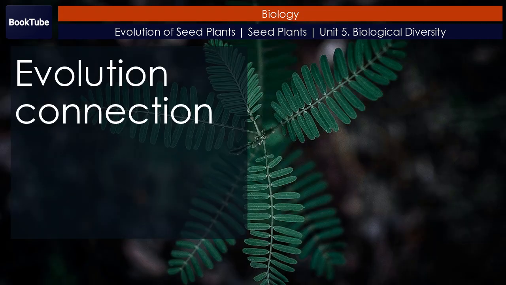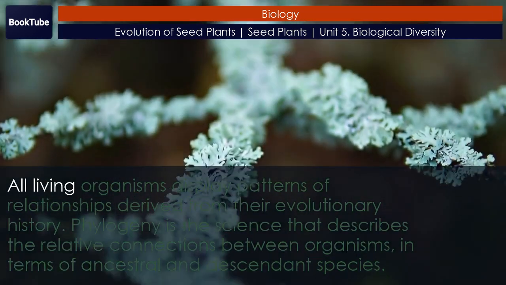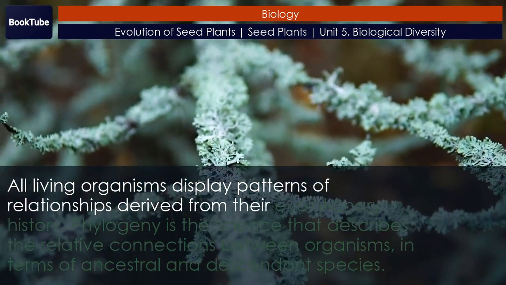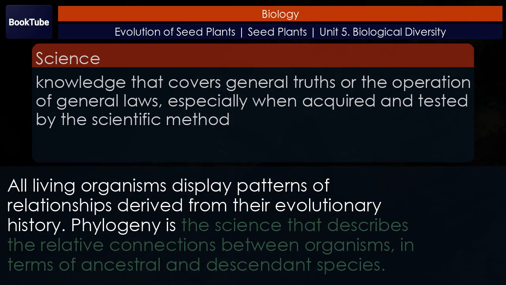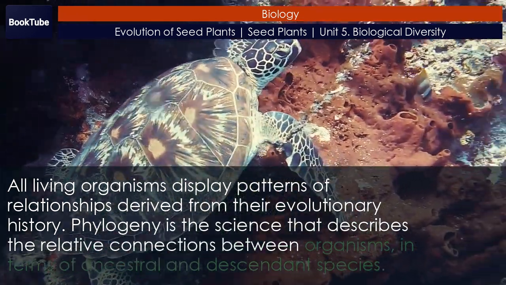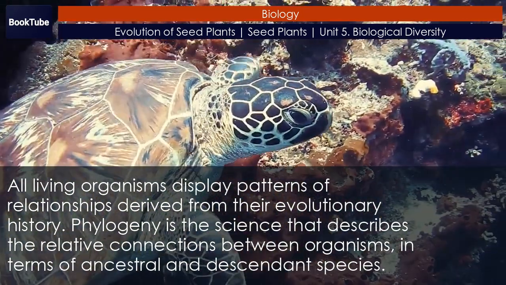Evolution connection. Building phylogenetic trees with analysis of DNA sequence alignments. All living organisms display patterns of relationships derived from their evolutionary history. Phylogeny is the science that describes the relative connections between organisms in terms of ancestral and descendant species.